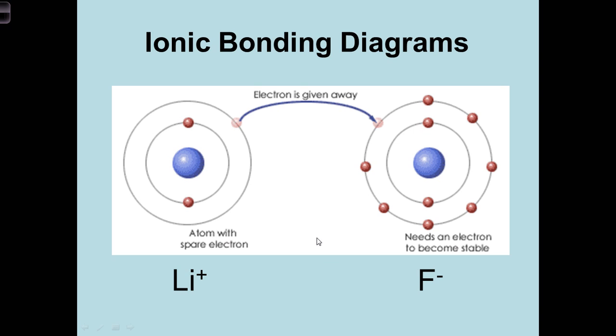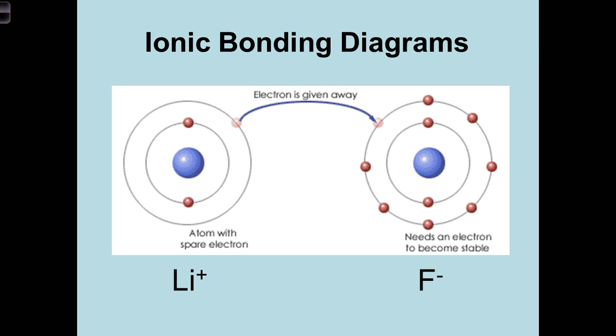Once one's lost an electron and the other one's gained an electron, one is now positive, one's now negative, opposites attract, and so there's an attractive force between them which holds them close together, and that's your chemical bond. So this is what we would refer to as an ionic bonding diagram.